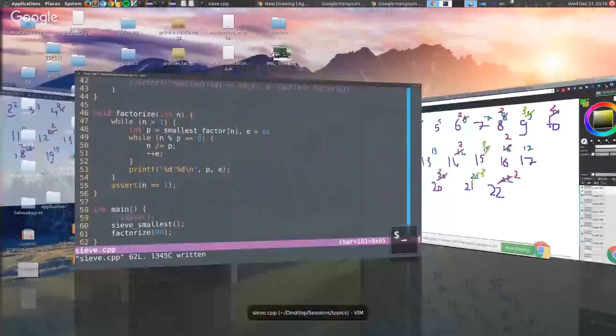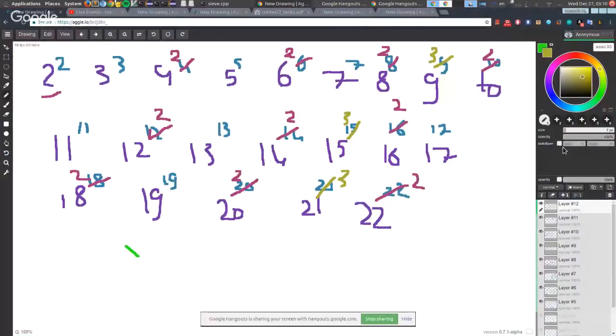So this factorization here happens in, let's say, log n, could be even less.